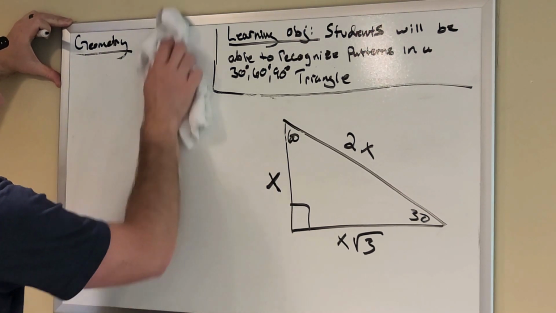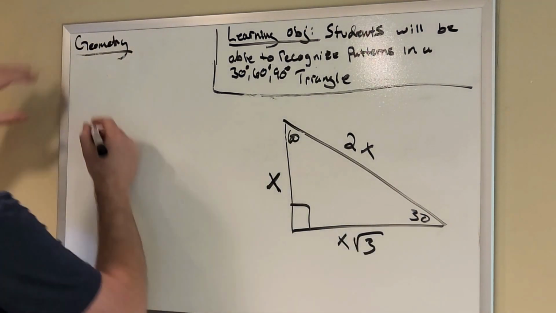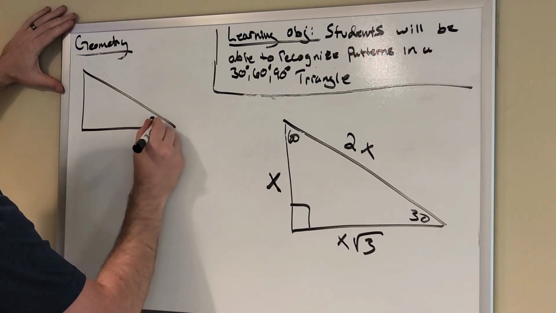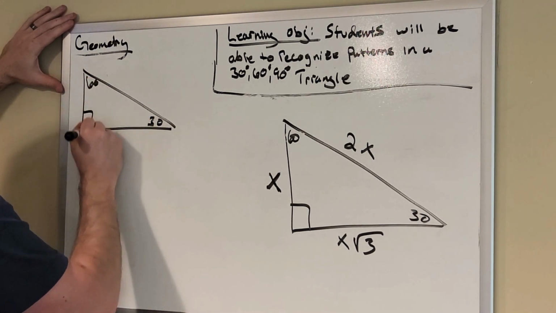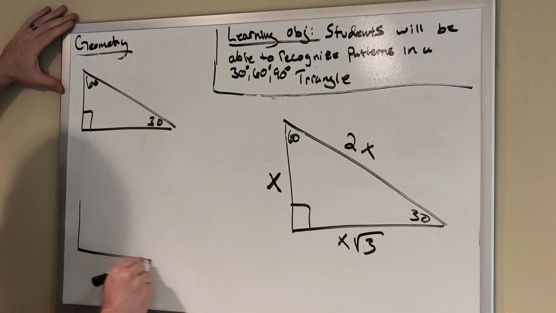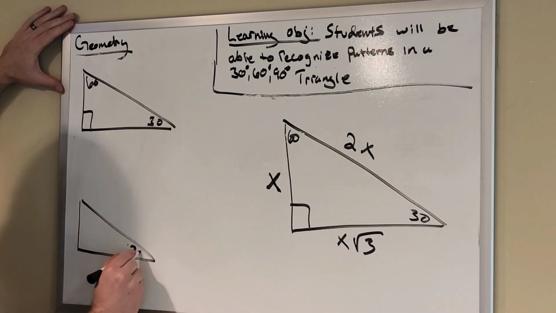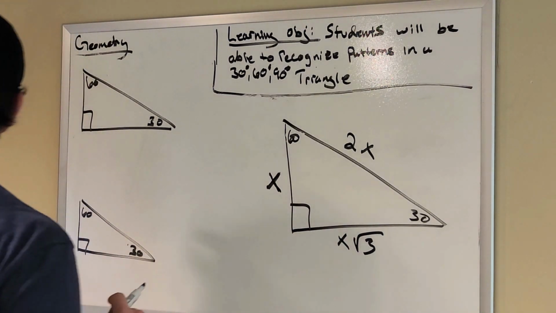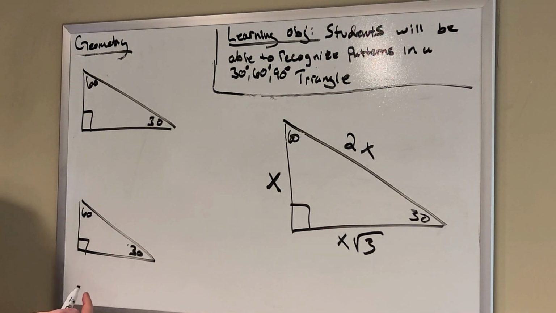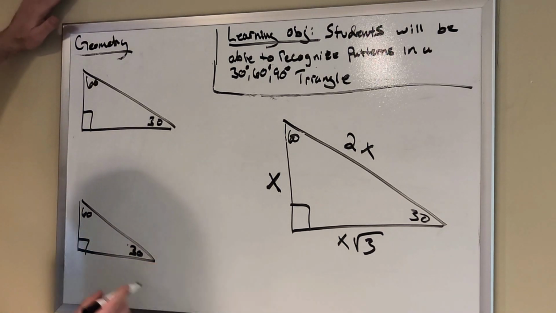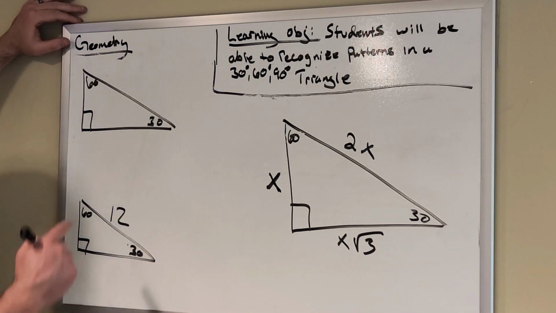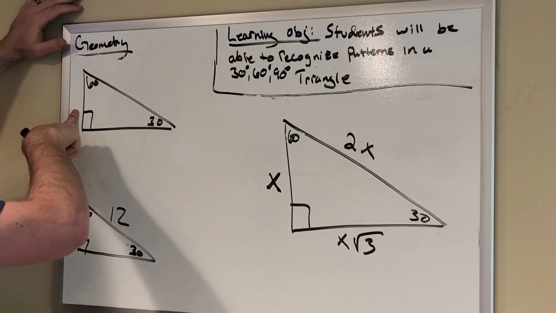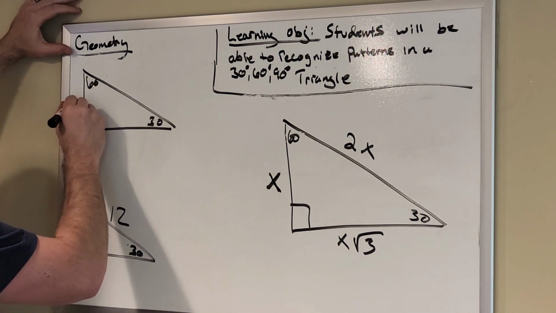Now, quickly, let's take a look at some 30, 60, 90 triangles. So that would be 30, this is 60, 90. If I have a 12 here, and let's do this one as a 10 here.